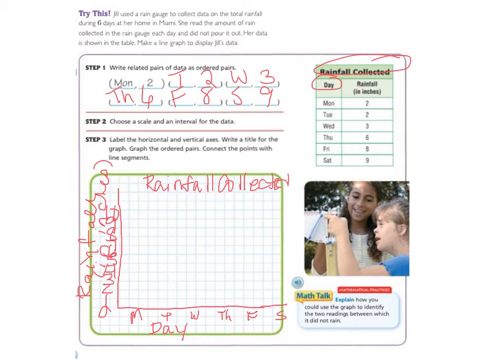And then we need to graph our numbers. So on Monday, we had 2 inches. So we're going to put a dot. And Tuesday, we had 2 inches in the rain gauge. And Wednesday, we had 3 inches, so we want to count carefully and count up 3 lines. And Thursday, we had 6 inches, so 1, 2, 3, 4, 5, 6 inches.